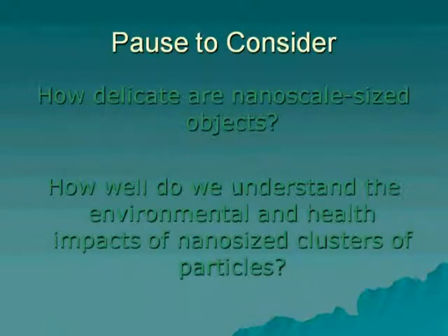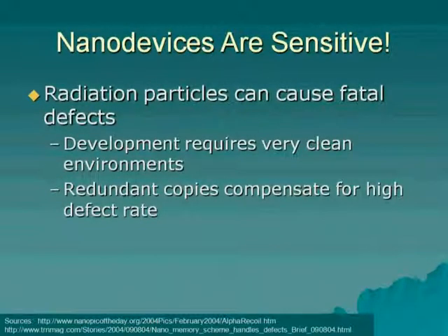How delicate are nanoscale size objects, and how well do we understand the environmental and health impacts of nano-sized clusters of particles? Now some disadvantages of nanotechnology. Because nano devices are sensitive, radiation particles can cause fatal defects, and it requires a very clean environment.